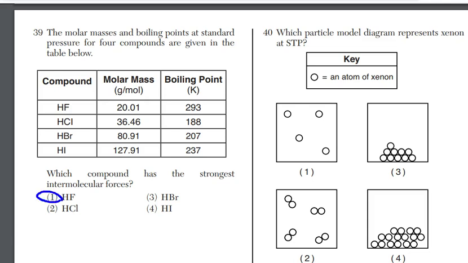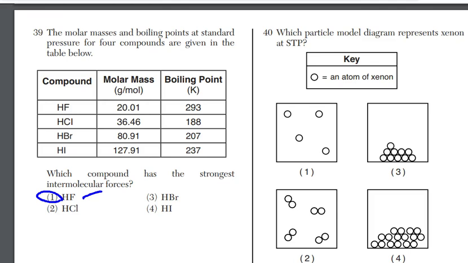And the reason why we say that is HF, when you have hydrogen bonded to fluorine, oxygen, or nitrogen, you have what's known as hydrogen bonding, which is the strongest intermolecular forces. The other 3 choices are just dipole attractions because all 4 are polar molecules.